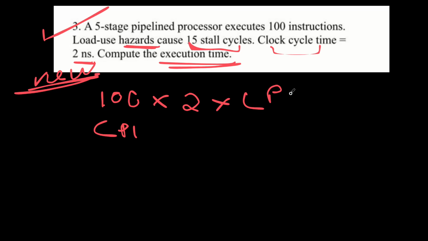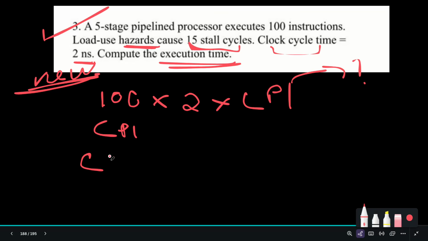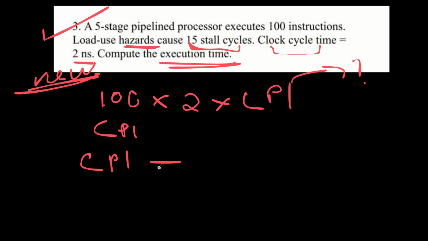Now what would be the CPI here? If there is no load hazard, the total number of instructions is 100, and each occupies one cycle, so it would be 100 cycles.